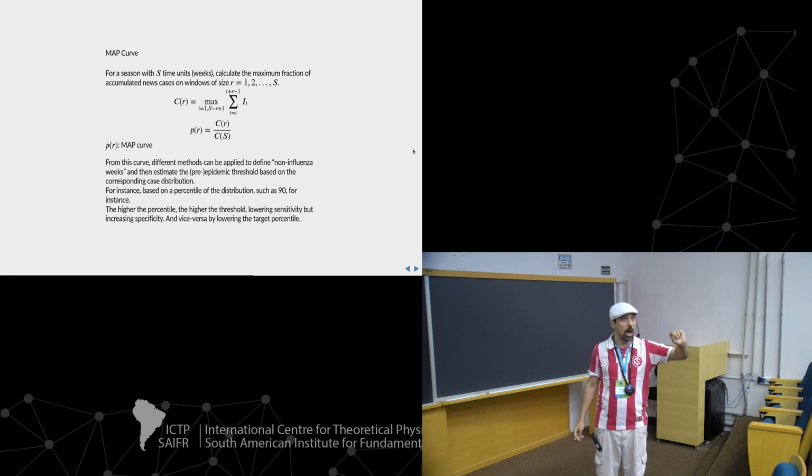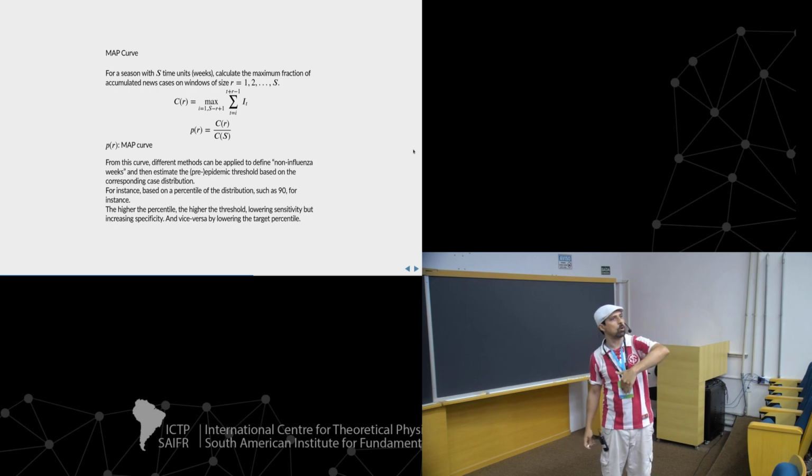For window size 1, I take the maximum. For a window of size 2, I take the maximum, and so on and so forth. So for the values at R equals 1 and R equals 2, is it possible to infer whether this curve would stay the same, go down, or go up?